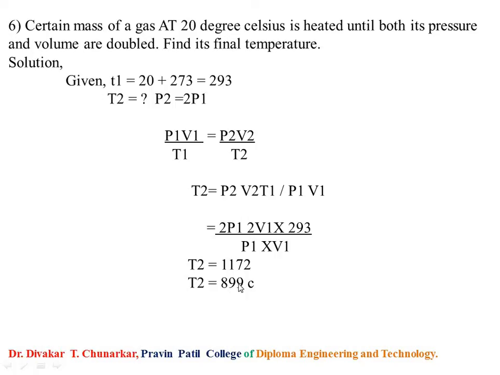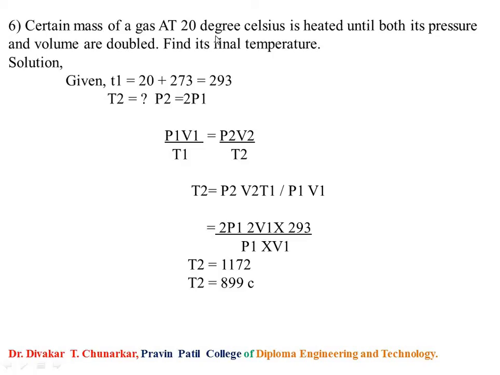Value of T2 is equal to 1172 but we have to subtract 273 from this value, so we get 899 degrees Celsius.